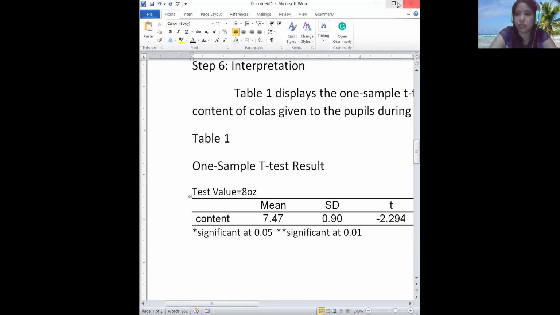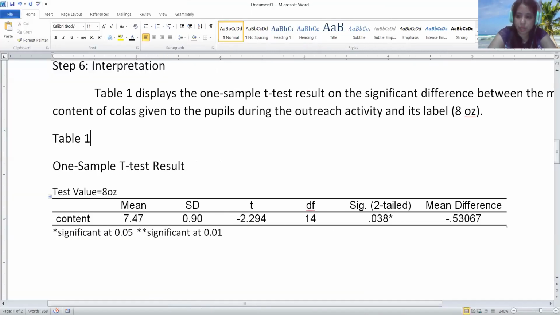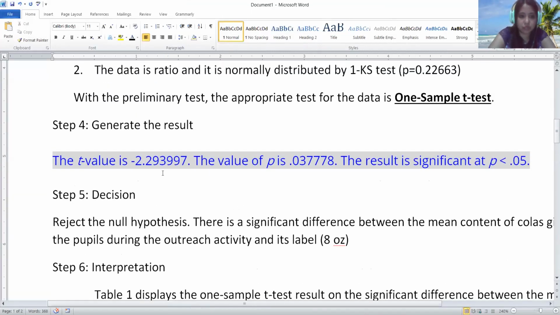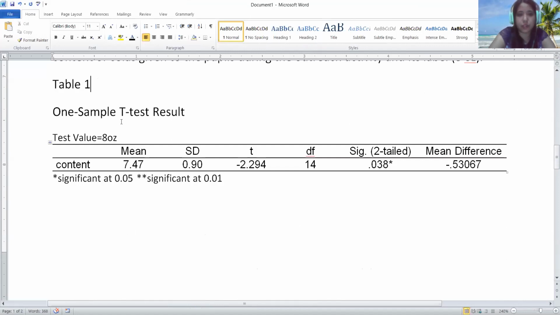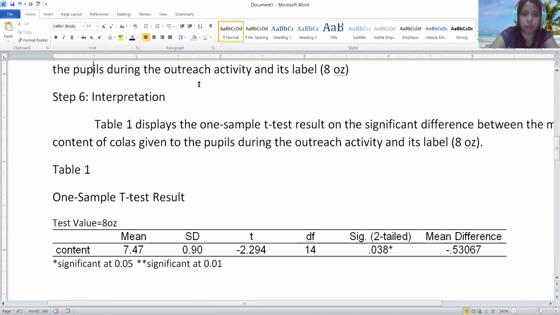T-value is generated using the online calculator. So it's negative 2.29. And degree of freedom, so to compute for the degree of freedom, this is equal to the number of sample minus 1.